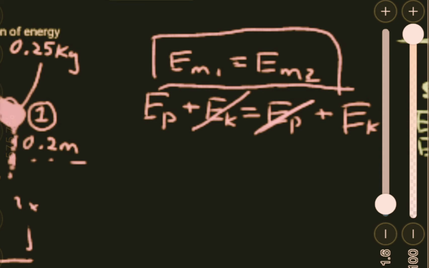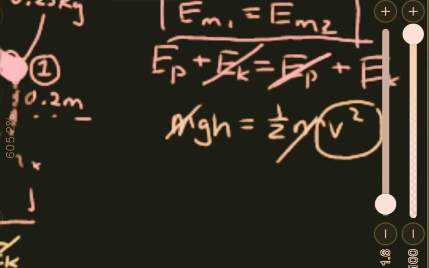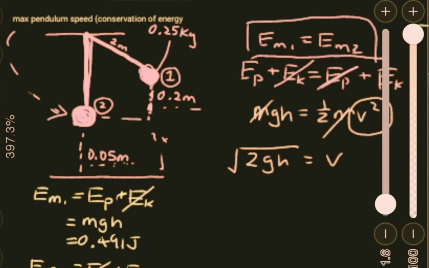We know that potential energy is this, and we know kinetic energy is this. So we can cancel these out for the sake of simplicity. Since we're looking for the speed, it's going to be this one. So what we end up getting is the square root of 2gh equals the maximum speed of a pendulum. Okay, now if you substitute all the numbers in, you should get 1.98 for your maximum speed.